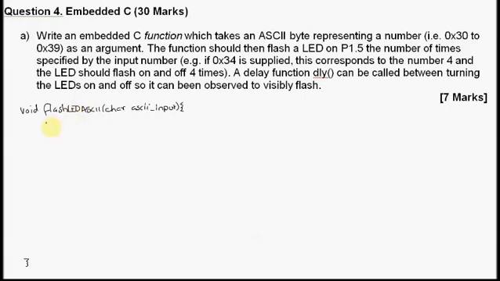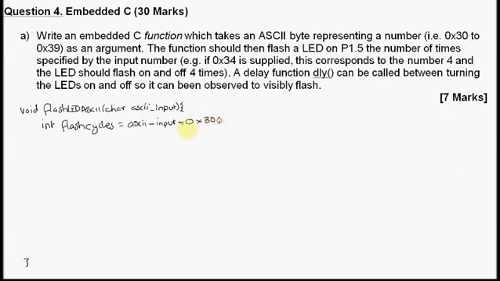So first thing we need to do is work out how many times we're going to flash it. So we can declare an integer, int flash_cycles is equal to ASCII_input minus 0x30.